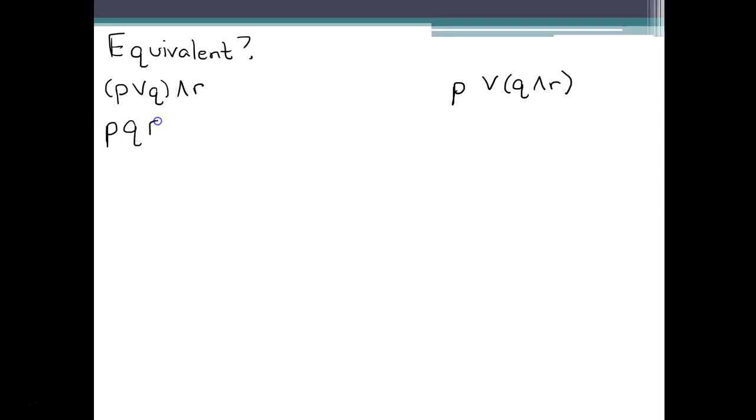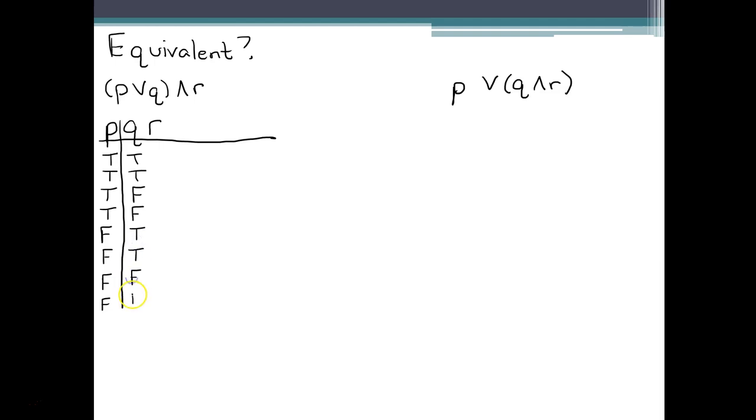Okay, so we'll get started with our 3 columns here. For the first one, we have P or Q. So let's do that.